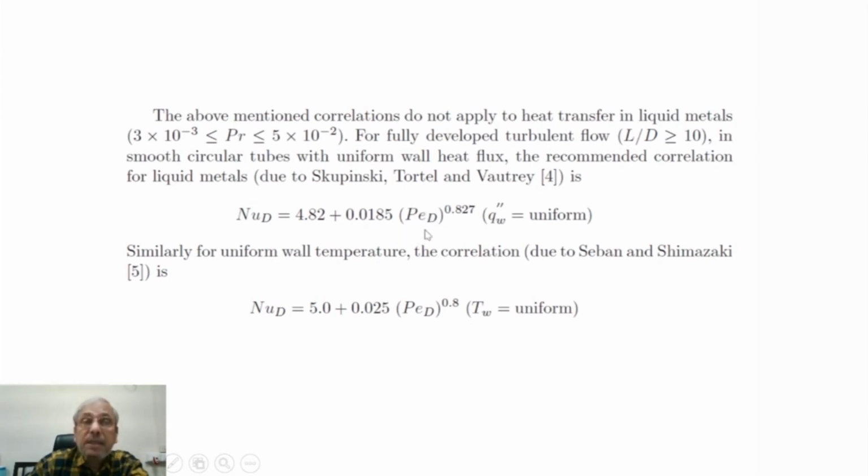Peclet number is basically Reynolds number into Prandtl number, to the power 0.827. This is for uniform wall heat flux condition.